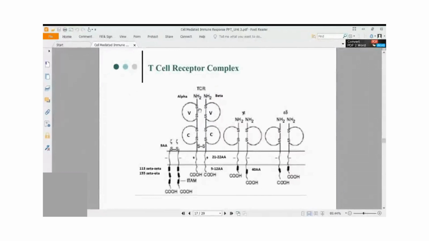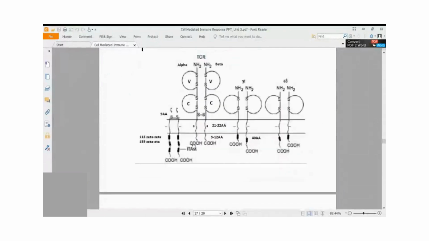And once that contact is established, the signal transduction should take place through the COOH domain, which is present in the cytoplasmic region. The COOH domain has a very short amino acid chain, about 5 to 12 amino acids.